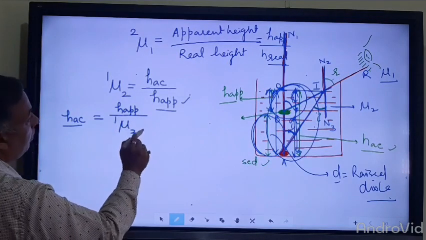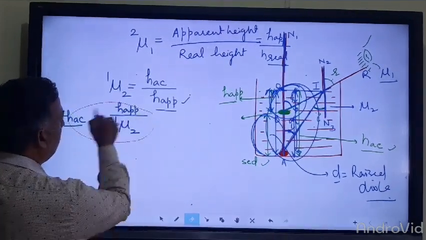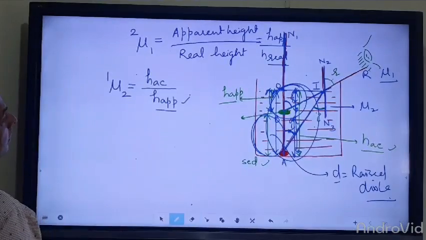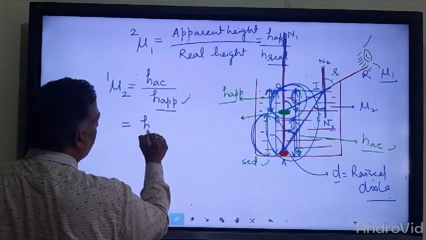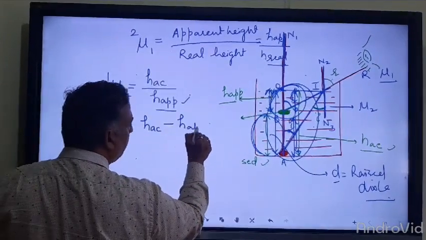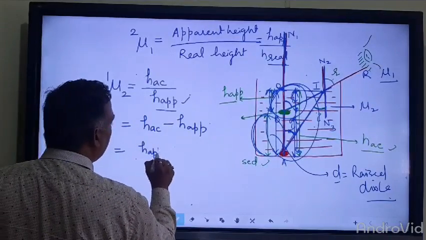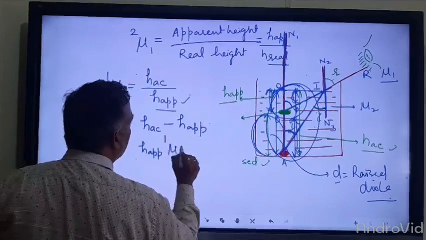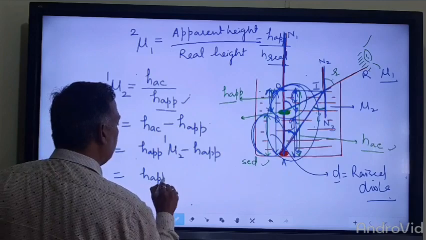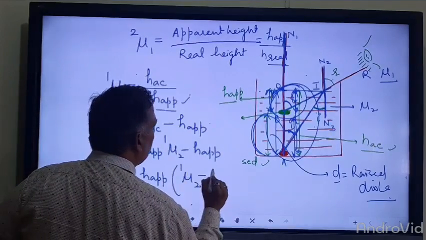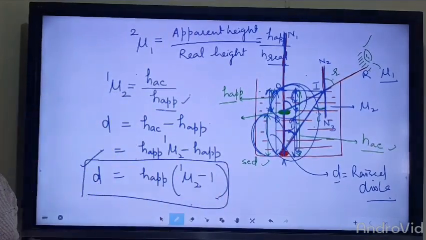So h actual minus h apparent is the distance raised. So actual is h apparent into the refractive index of 2 with respect to 1, minus h apparent. So h apparent into (refractive index of 2 with respect to 1 minus 1) is the raised distance.